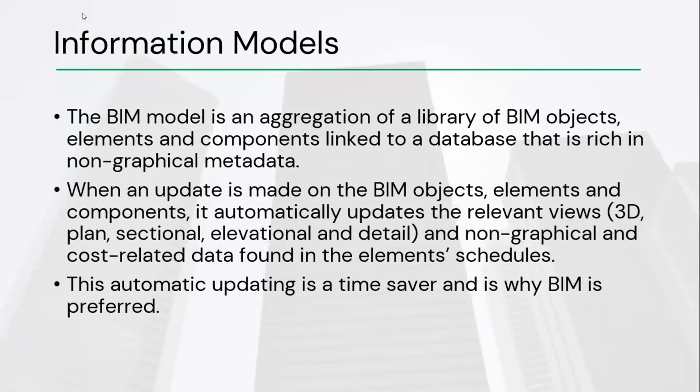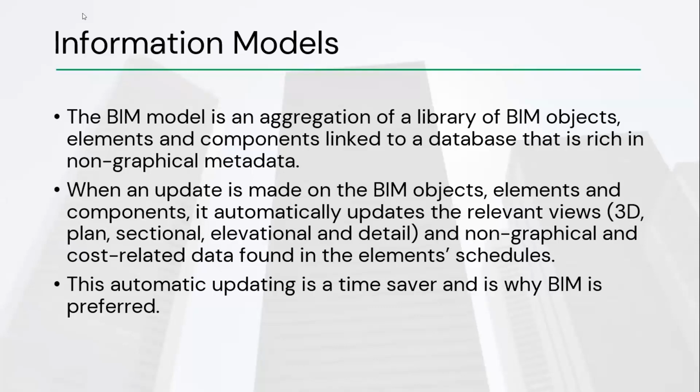Let's go to the nature of building information models. I'm noting here that a BIM model is formed by an aggregation of a library of intelligent BIM objects, building components, and building elements that are linked together in a database that is also rich in non-graphical information.